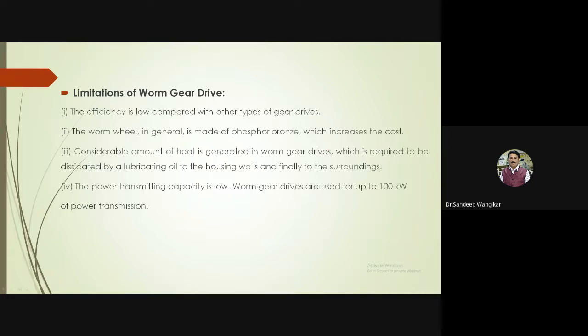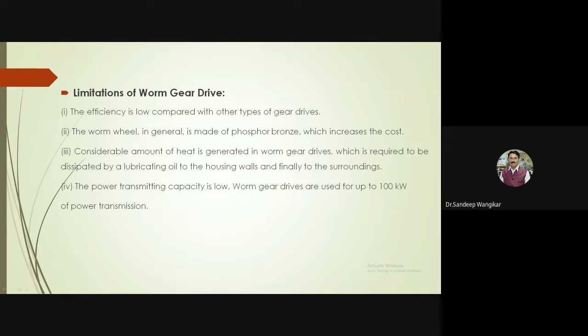Due to the sliding motion, heat is generated, and the heat is required to be dissipated in order to avoid failure of the gear. It is required to be dissipated by the lubricating oil to the housing walls and finally to the surroundings, and this is a limitation of this particular worm gear drive.